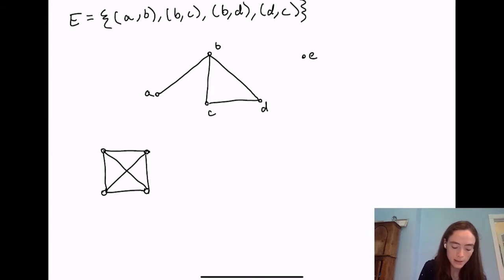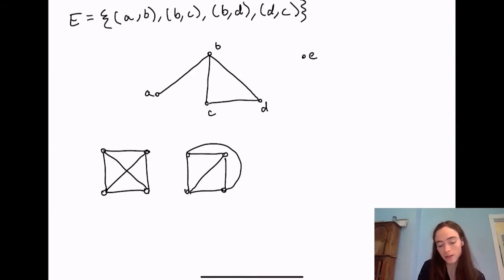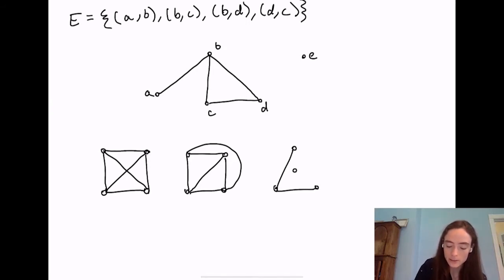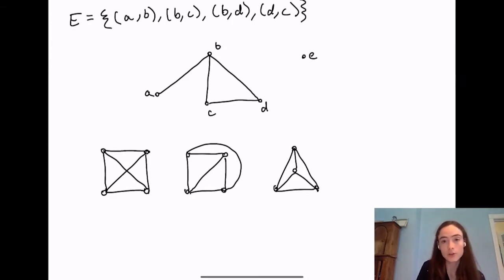And we could also draw that graph equivalent to this one. There are still the same connections between vertices. We're just drawing it a slightly different way. And that's equivalent to this graph.